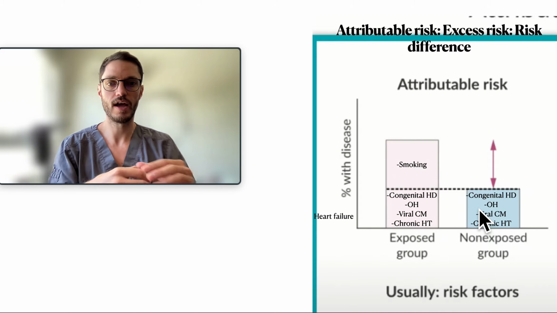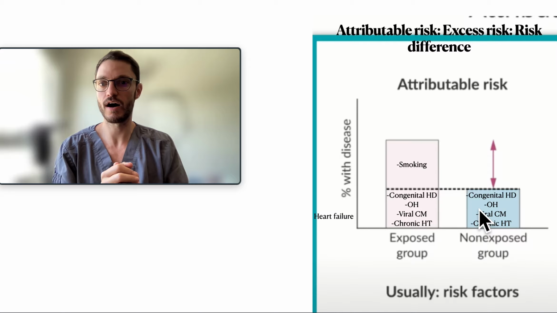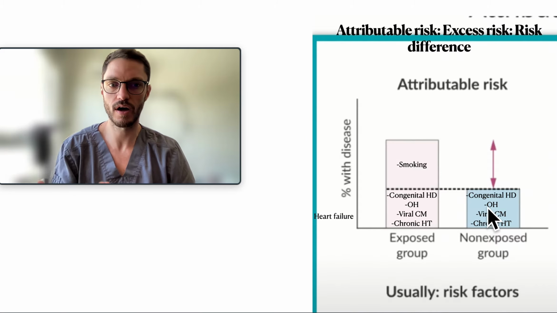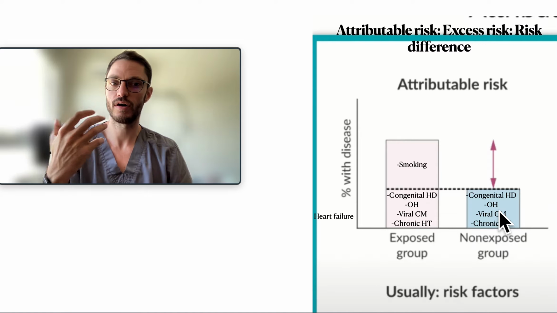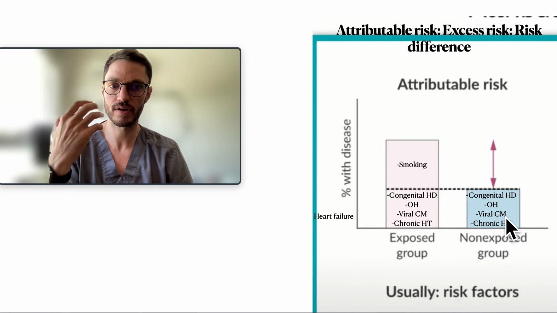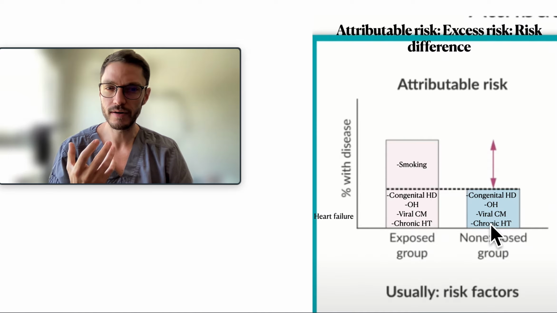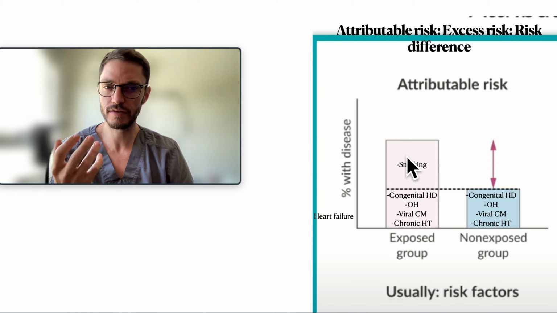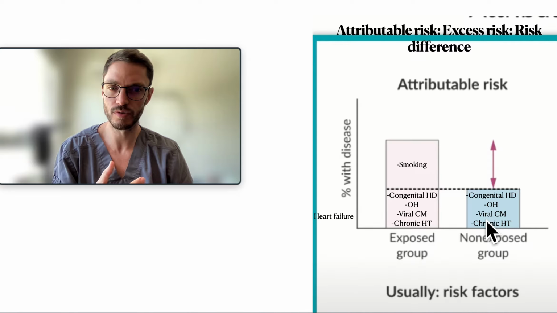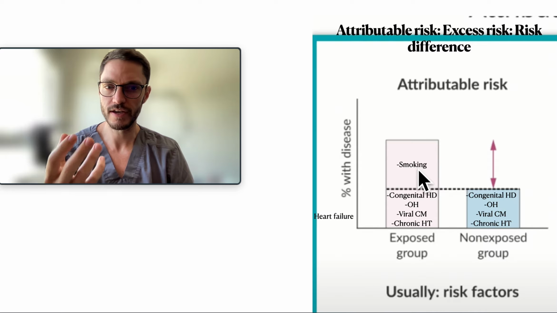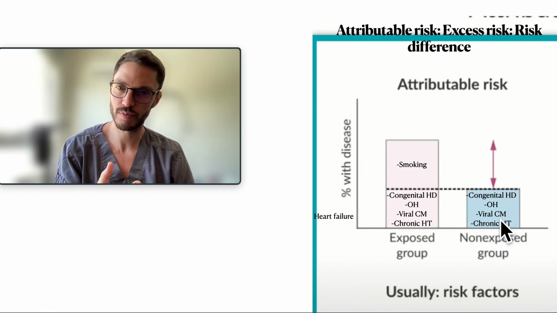There you have a whole basket of diseases such as congenital heart disease, alcoholic cardiomyopathy, viral cardiomyopathy, chronic hypertension. But right here, the incidence is much greater in the exposed group than in the non-exposed group.